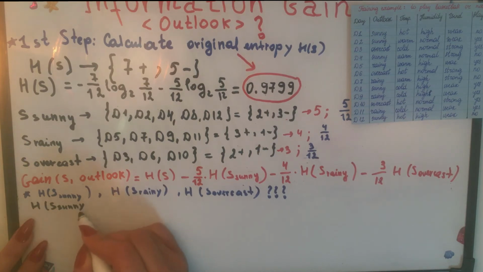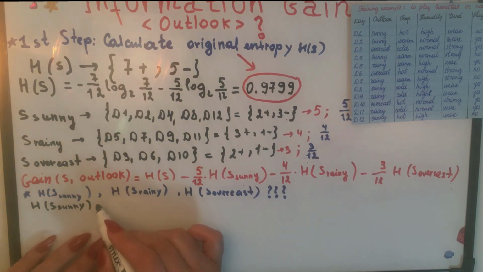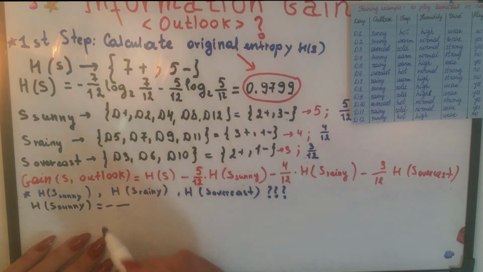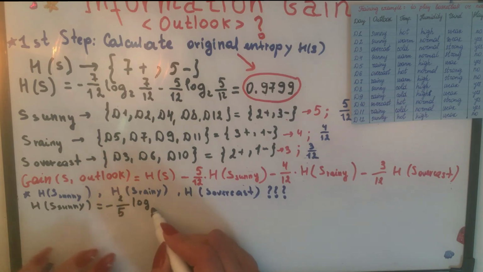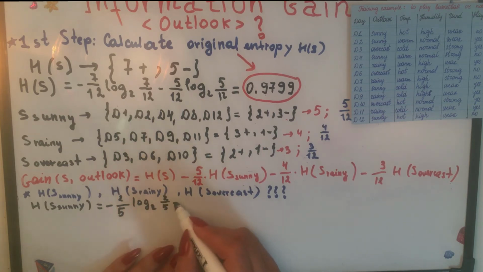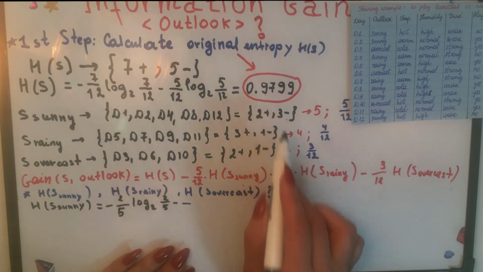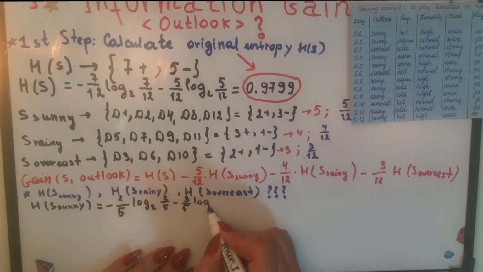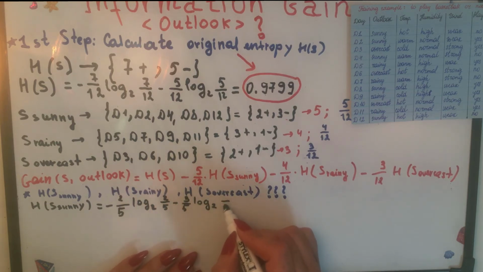Now we are going to calculate H of S sunny, H of S rainy, and H of S overcast. We will calculate relative entropies just the way we calculated original entropy. So let's start with S sunny. H of S sunny equals minus 2/5 logarithm of 2/5 to the base of 2 minus 3/5 logarithm of 3/5 to the base of 2.